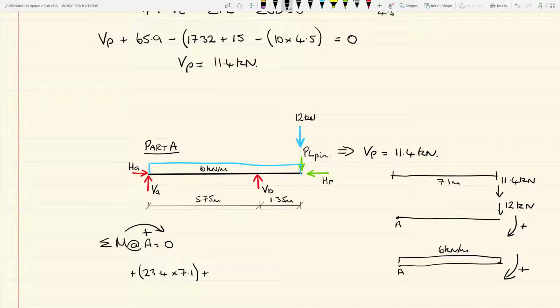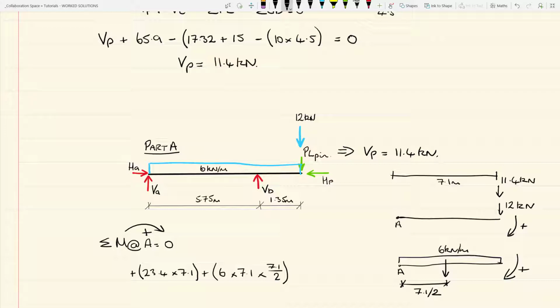So it's plus the magnitude of the UD load, 6, times the distance over which it acts, 7.1 meters, times its lever arm, 7.1 over 2. And again, just so you're sure, the lever arm, the distance from the centroid to the point about which we're taking moments, that is 7.1 over 2. So that is your two primary loads.